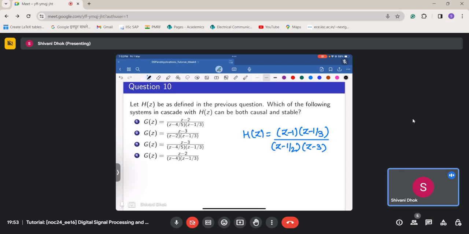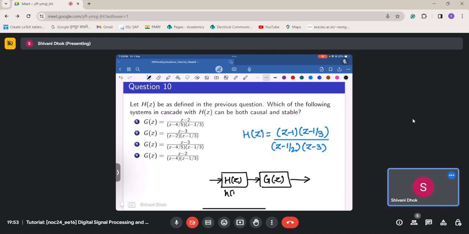So I have this system H(z), and I'll have another system G(z), and I'm connecting them in a cascade.